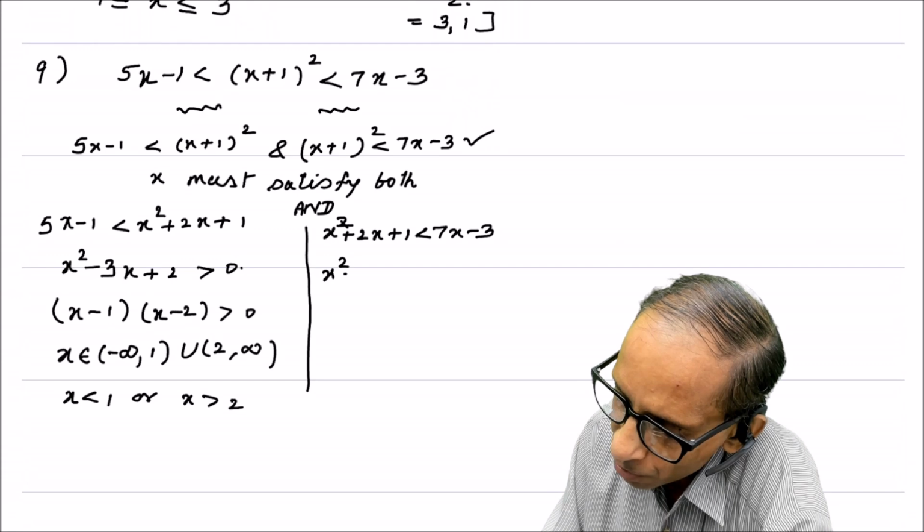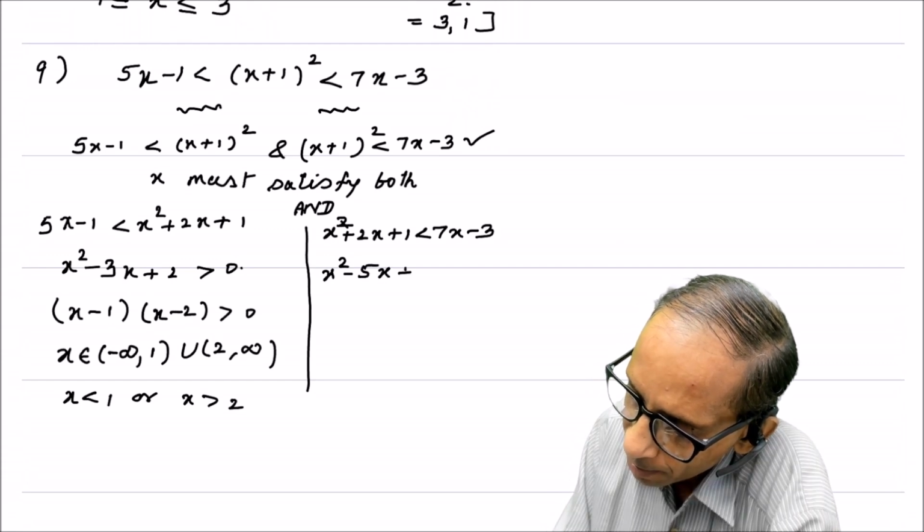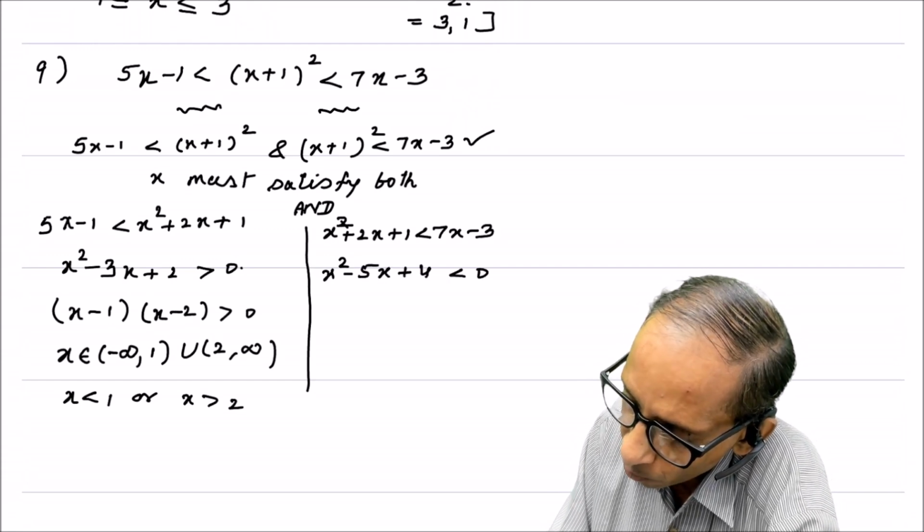This gives us x square minus 5x plus 4 less than 0.